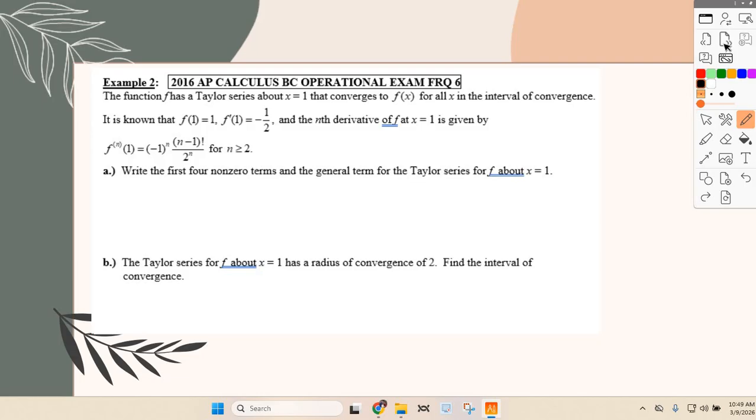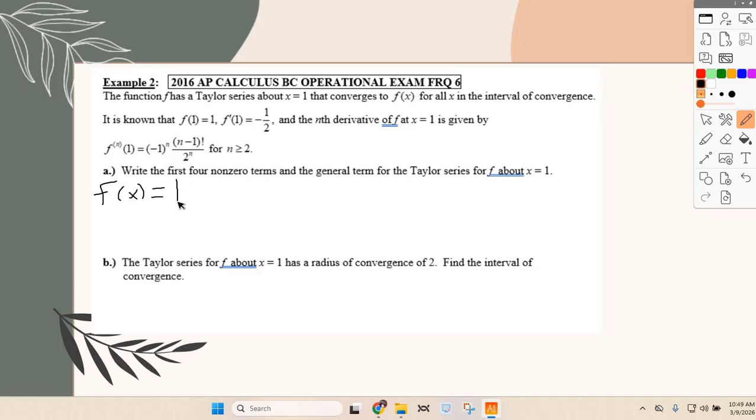So what are we going to need there? I have f of x is going to equal, so the first one is just going to be f of 1, right? Because we're centered at 1 this time. What is f of 1? 1.